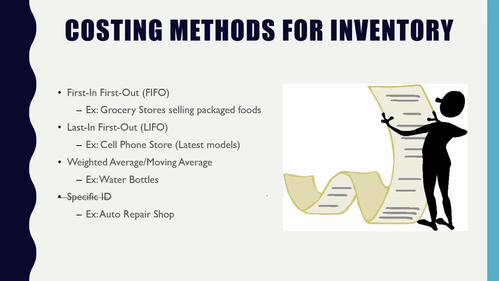And the last one is going to be specific ID, which is something that a lot of auto mechanics or auto repair shops use. For example, if you drive your car into an auto repair shop because you need to get your car fixed, well, here's the thing.